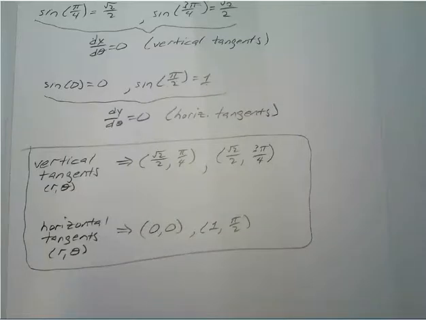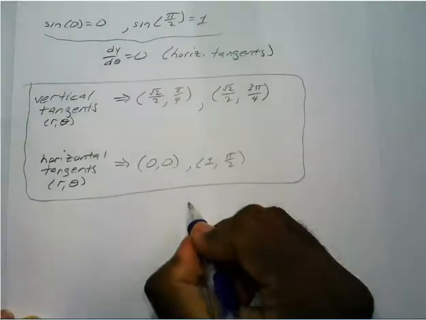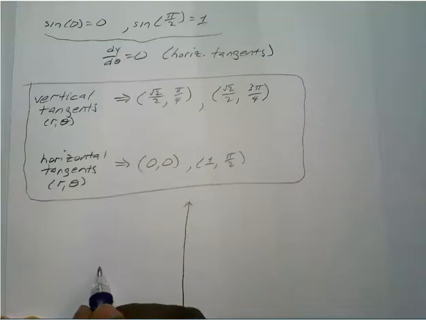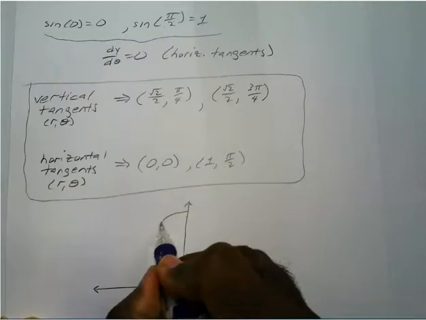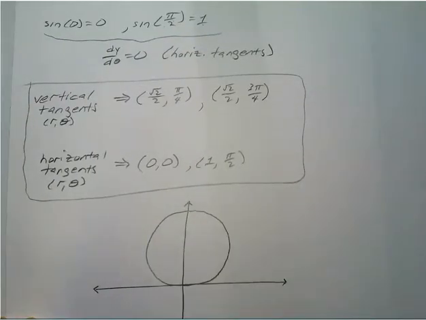So how would that look as far as a graph? I'm glad you asked that question. r equals sine of θ will look pretty much like that.